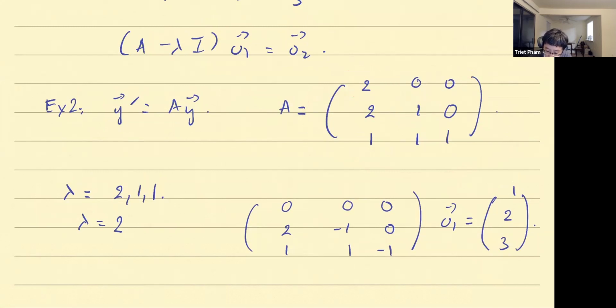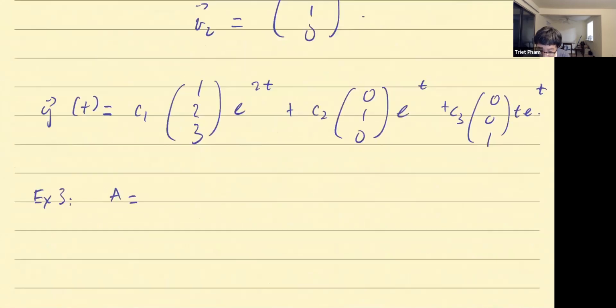So I hope that works. Let's see. I think that may not work. Hold on. Let's see, 1 0 0, 2 1 0, 1 1 1. I think it might work.